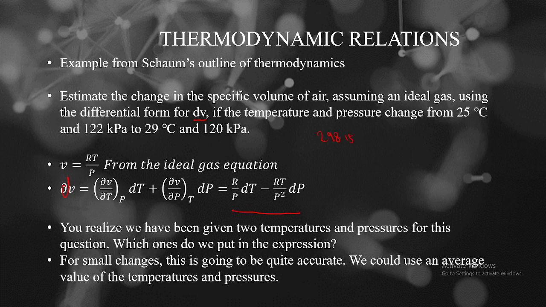I'm adding 273.15, and then the 29 degrees Celsius would end up giving me 302.15. Forgive my math. So if I find the difference in them, I'll have 4 Kelvin, which is not so large, right? So when I have very, very small changes, the dv expression models that very well, right?